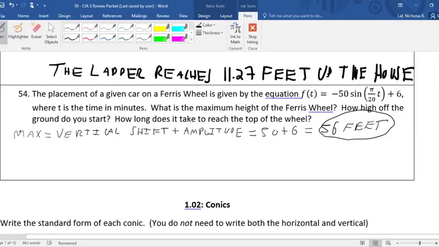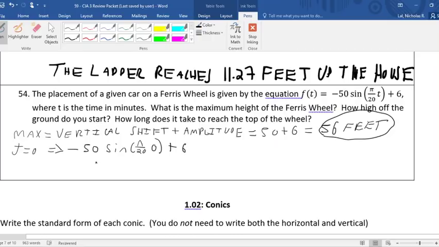So how high off the ground do you start? When t equals 0, you have negative 50 times the sine of pi over 20 times 0 plus 6.